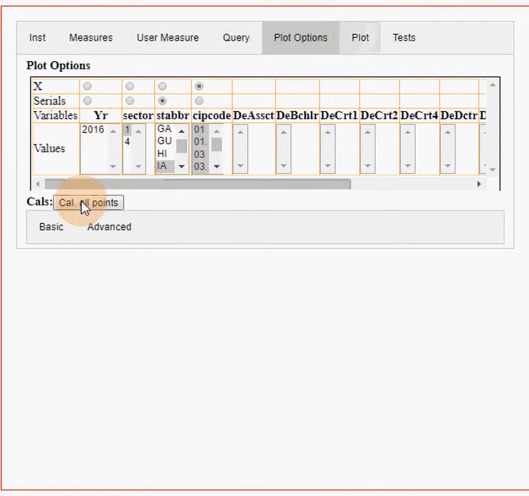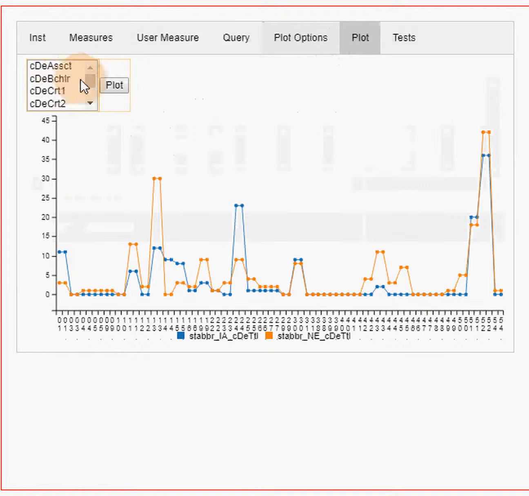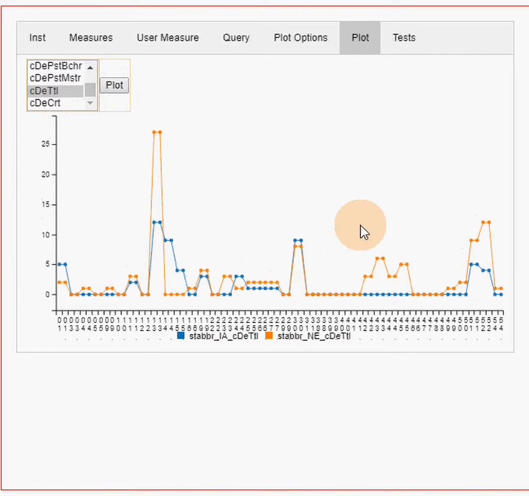Okay, and again, let's calculate all the points, and let's go to the plot. And now again, let's start with the total. So now all these numbers are coming from the 4-year public institutions. And again, you can compare the Iowa and the Nebraska.